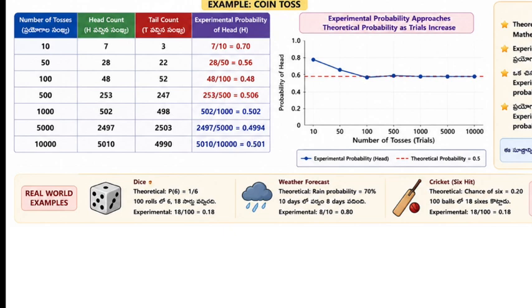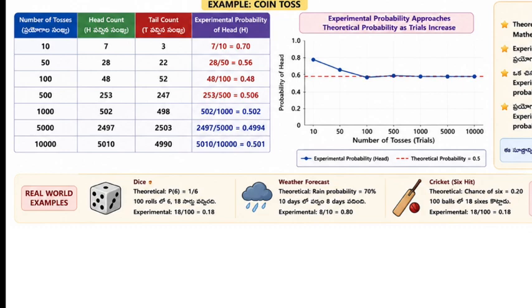So when the number of trials is increasing, the ratio between the experimental probability and the mathematical probability becomes less. When trials increased, for example, 0.702 has become 0.56.